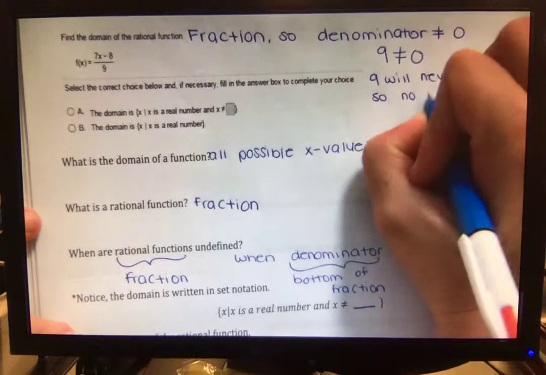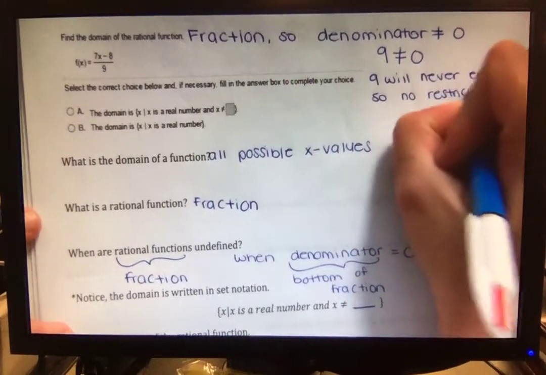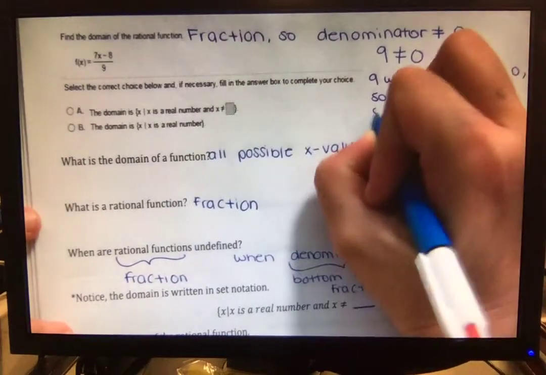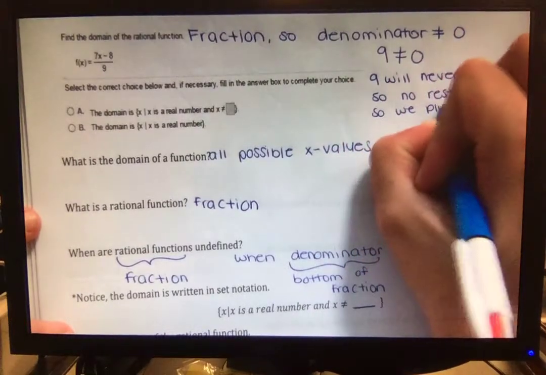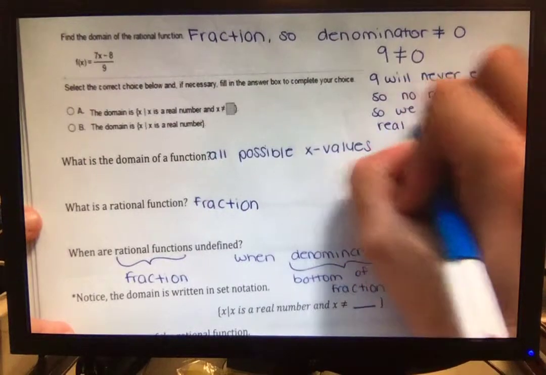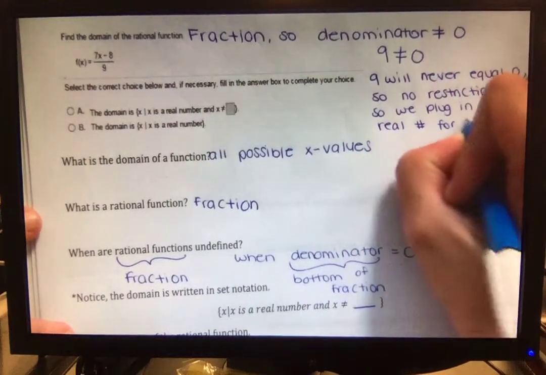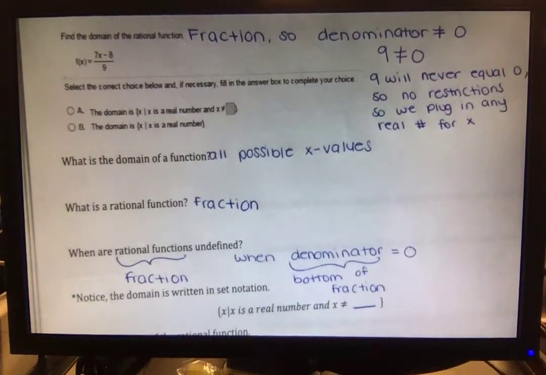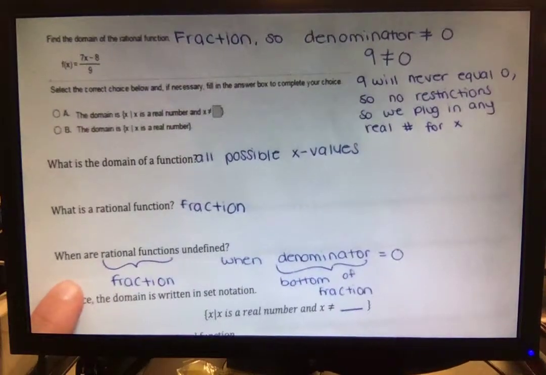So no restrictions. So we can plug in any real number for x.